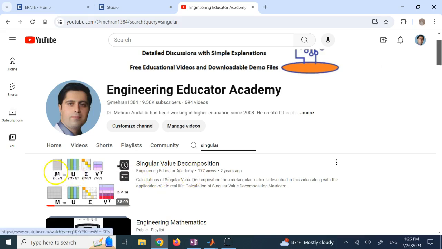It explains that when you have a non-square matrix in general, singular value decomposition is basically a generalized version of eigenvalue decomposition. So the singular values are similar to eigenvalues, but they can be defined for a rectangular matrix as well.